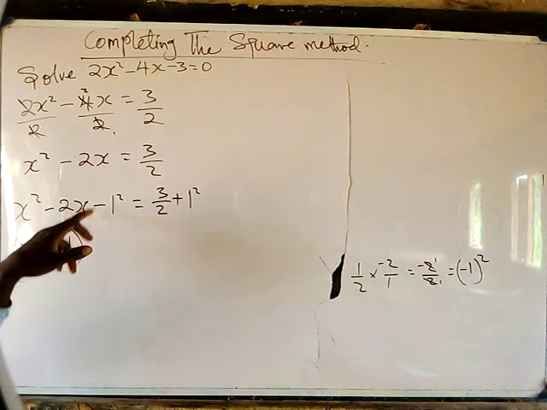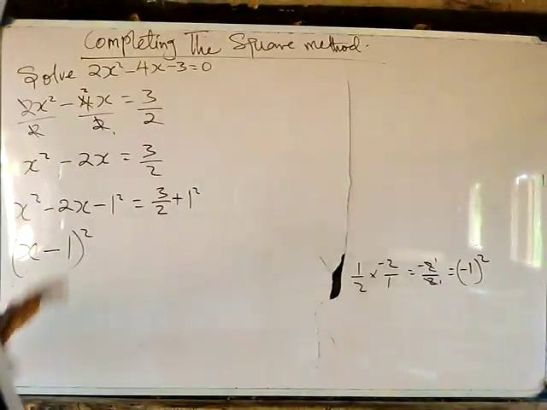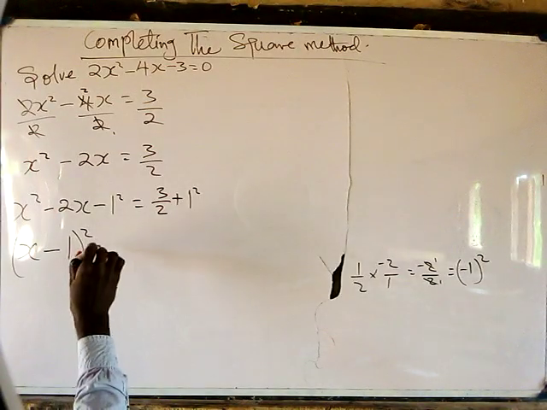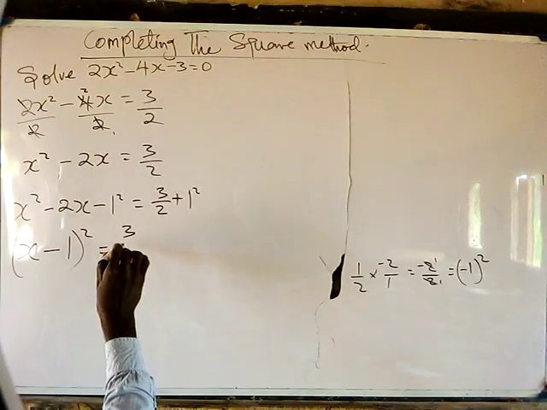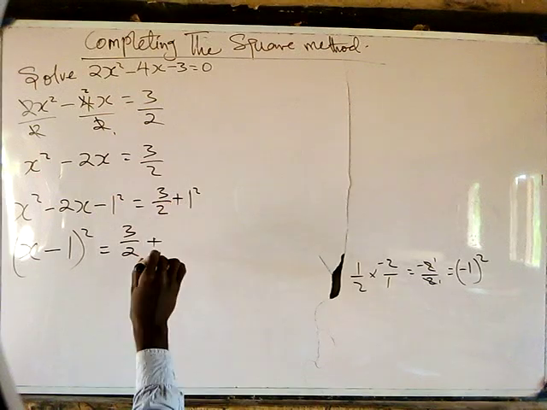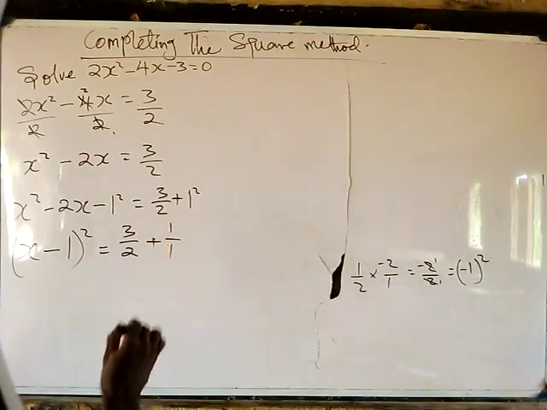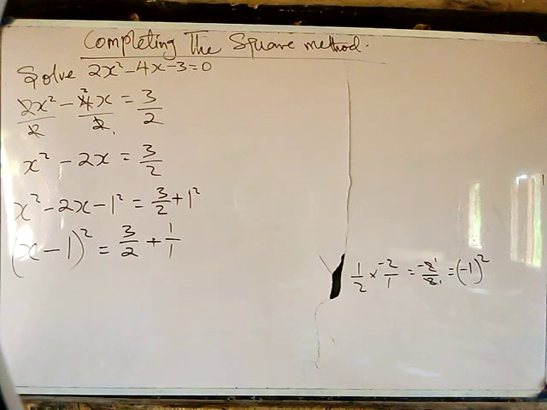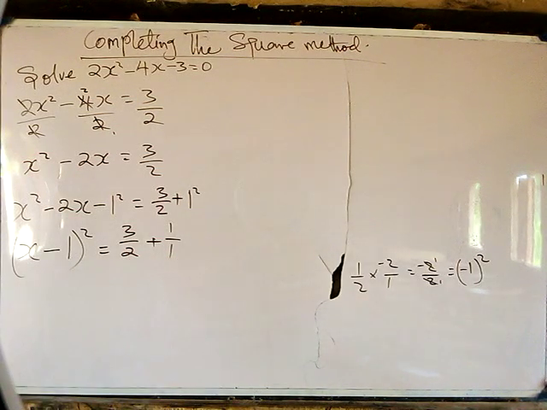Minus 2x is now left aside because it does not have square. We are done with it already. Equal to 3 over 2 plus 1 square. 1 square is still 1. So I can say 1 over 1 so that it will have the denominator for me to find the LCM.